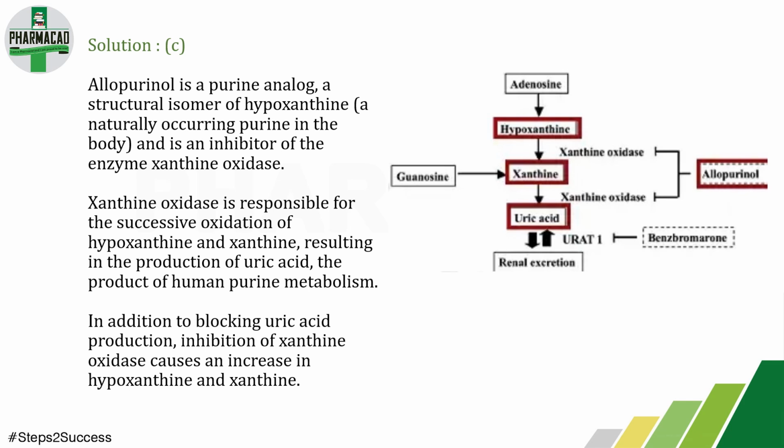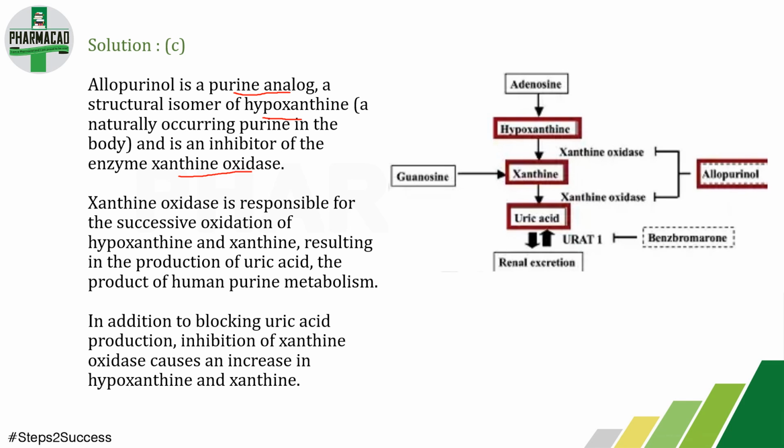Now we should know that allopurinol is a purine analog, a structural isomer of hypoxanthine, and hypoxanthine is a naturally occurring purine in the body. Allopurinol is an inhibitor of the enzyme xanthine oxidase. Okay, so first we have to look here. Adenosine gets converted to hypoxanthine. Hypoxanthine, further with the help of xanthine oxidase, gets converted to xanthine and uric acid.